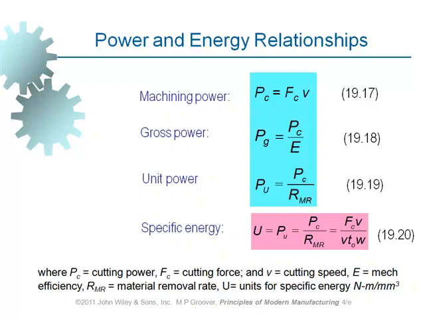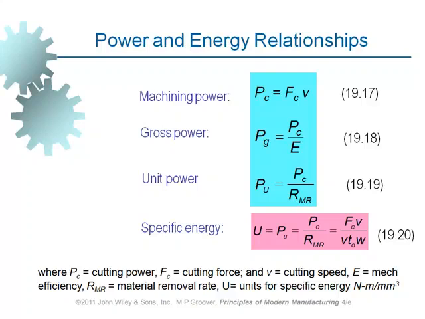The whole power which is made available in the engine is not the power that you get for the operation. There is some power which is lost and converted to heat and some other things. And this depends on a factor which is represented by E, which is the efficiency of the machine tool, which is often, the value of E is often something between 90 to 95% for most of the machine tools.